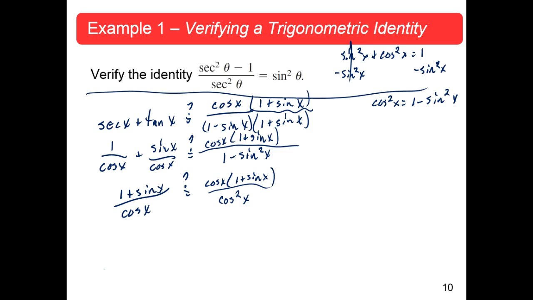You've got a factor of cosine x up here, and this is cosine x times cosine x, so wipe out one of those and you get cosine x, and guess what you got? Left-hand side equals the right-hand side. See it? So you've done it. No longer is it a question mark. We know that's true. Right?